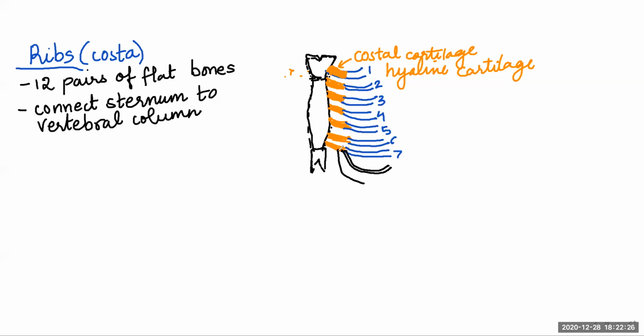The 8th pair of rib, the 9th pair of rib and the 10th pair of ribs are attached to the costal cartilage of the 7th rib only. So the costal cartilage of 7th rib is also attached to the 8th, 9th and 10th pairs of ribs.